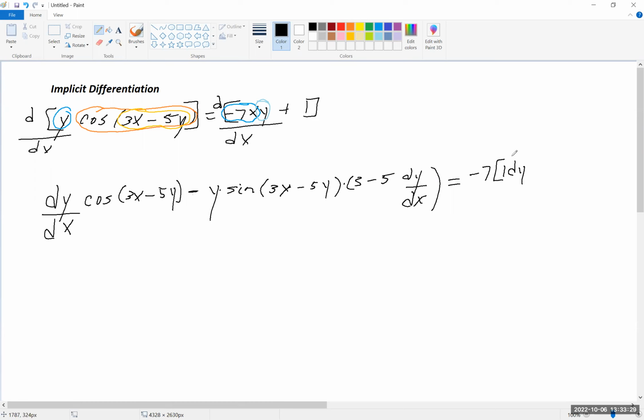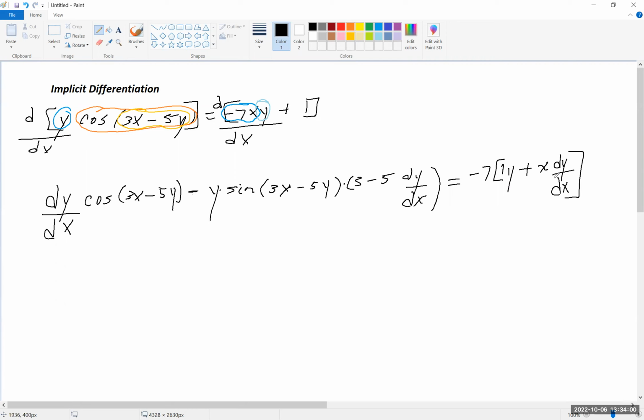No, I'm sorry, that's just times y, because we're using the product rule. So it's 1y. So you leave the second function alone, and then it's plus leave the first function alone and take the derivative of the second function with respect to x.